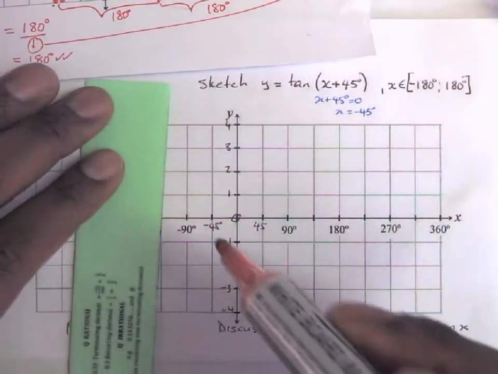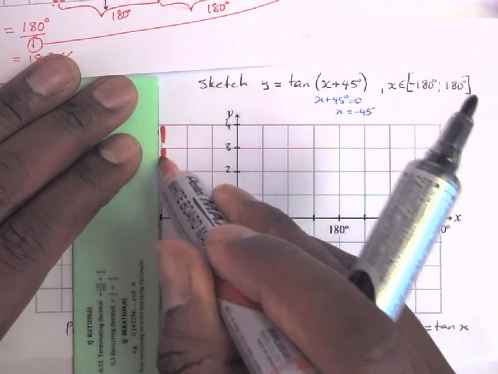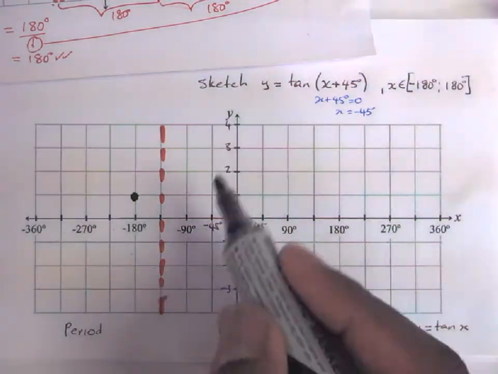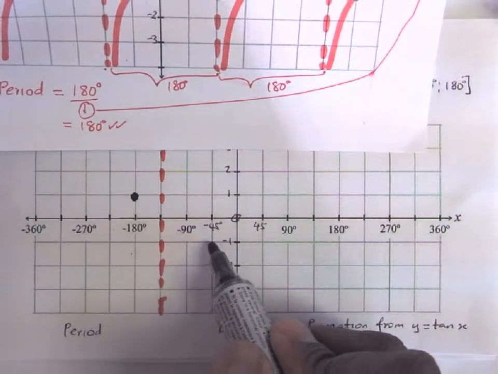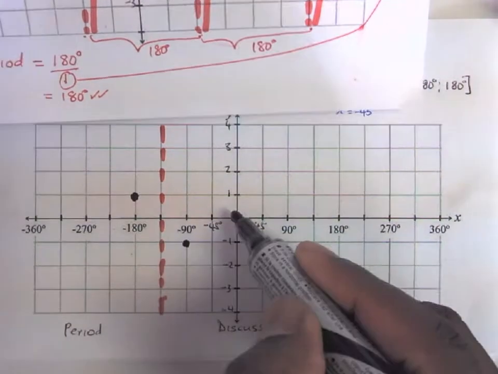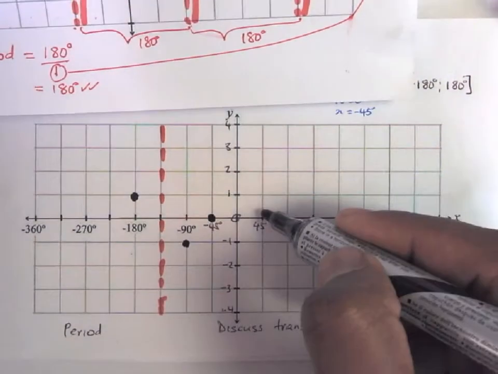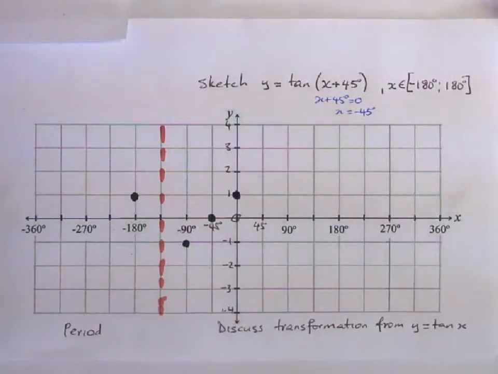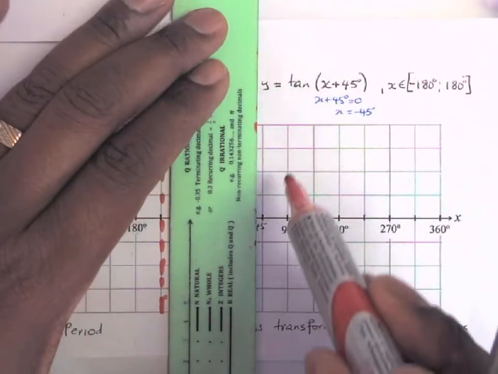So I've got an asymptote over there, and then also this point here, which was in line with 45, now it's there, and the one that was at 0, now it's there, and that one was up there, so now it's there, and the asymptote is now there.